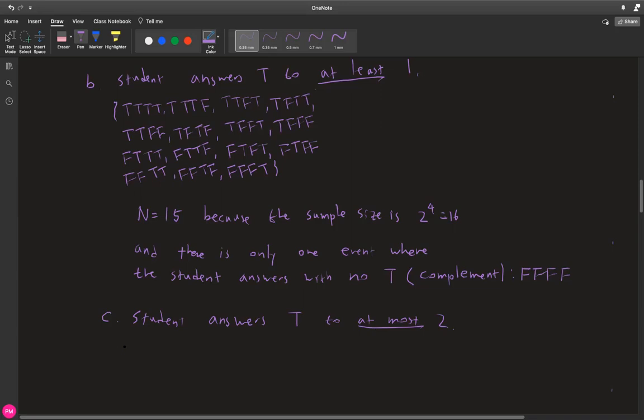And just to write everything down, it's going to be true, true, false, false; true, false, true, false; true, false, false, true; true, false, false, false; false, true, true, false; false, true, false, true; false, true, false, false; false, false, true, true; false, false, true, false.